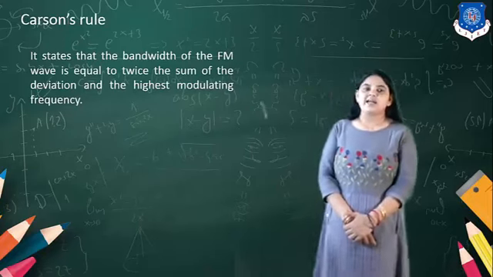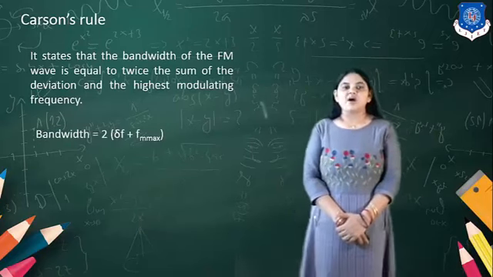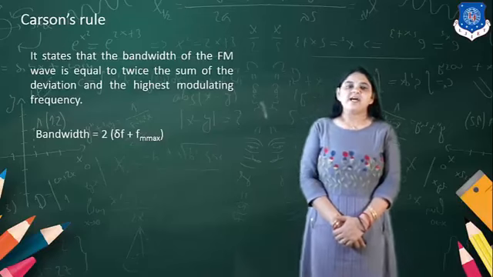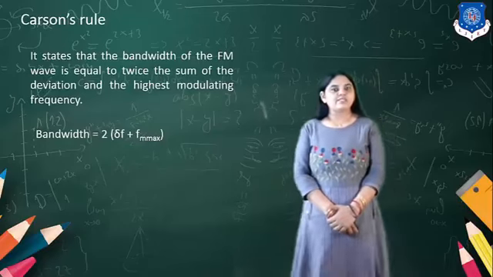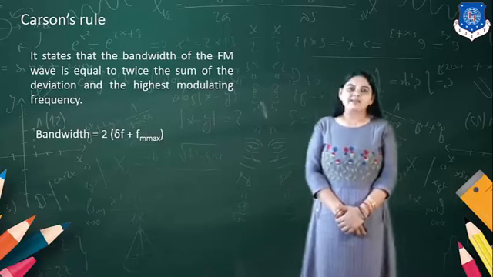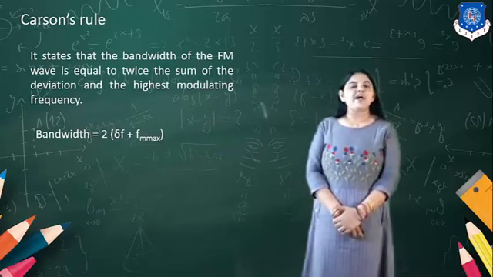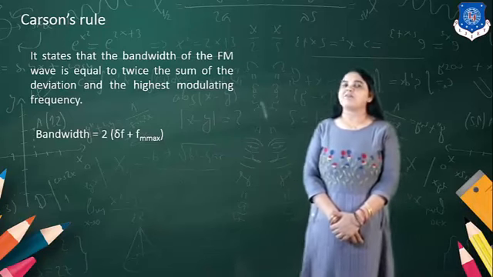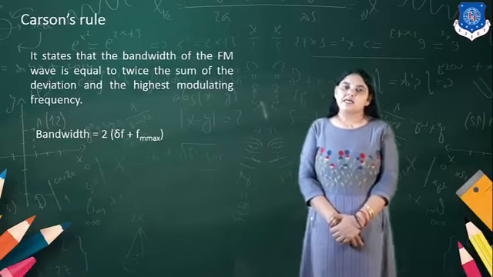So the bandwidth is equal to 2(Δf + fm), where Δf is the frequency deviation and fm is the maximum modulating frequency. So we can find out the bandwidth required for the FM wave by using Carson's rule.